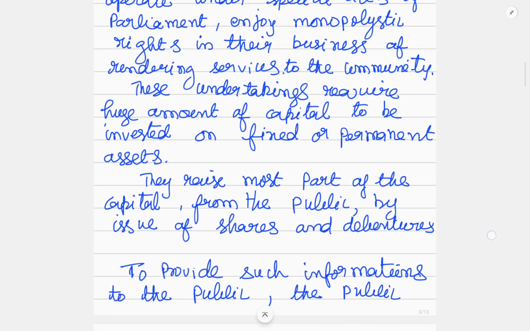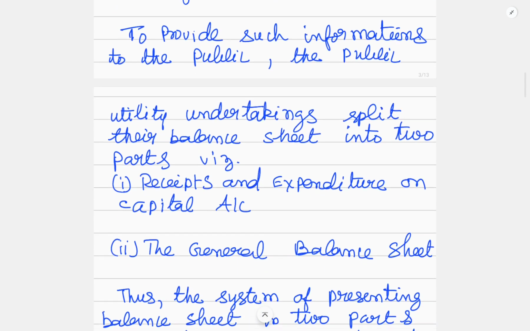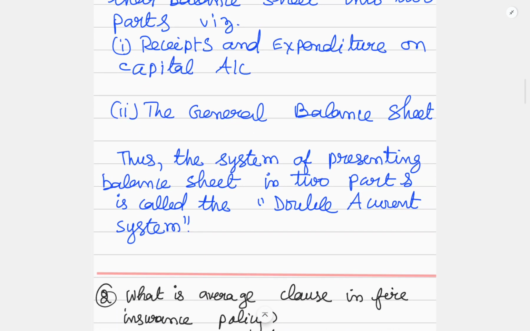They raise most part of the capital from the public by issue of shares and debentures. To provide such information to the public, utility undertakings split their balance sheet into two parts, with receipt and expenditure on capital account, and the general balance sheet. Thus, the system of presenting balance sheet in two parts is called the double account system.